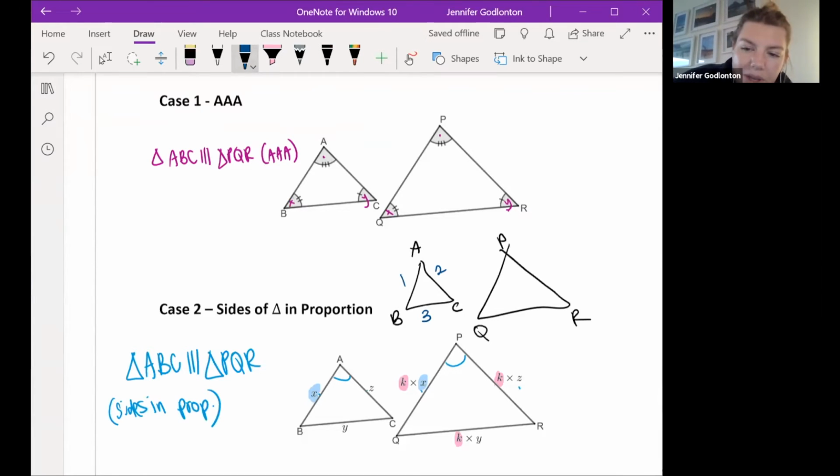And in PQR it was 3, 6, 9. If I said, how did I get from 1 to 3? I multiplied it by 3. How did I go from 2 to 6? I multiplied it by 3. How did I go from 3 to 9? I multiplied it by 3. So I multiplied everything in this triangle by 3 to give me that triangle. All of those sides were multiplied by the same number. And so that makes it sides in proportion.